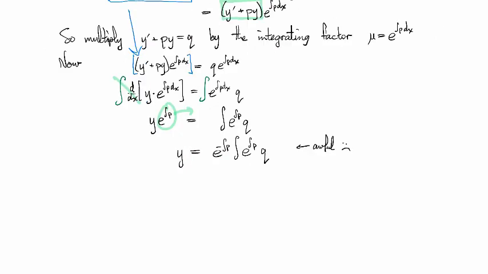Okay, so here's how you solve a linear first order differential equation. So step one, make sure that you've got the ODE written in standard form. And this is just so that you can see exactly what your function p is supposed to be.